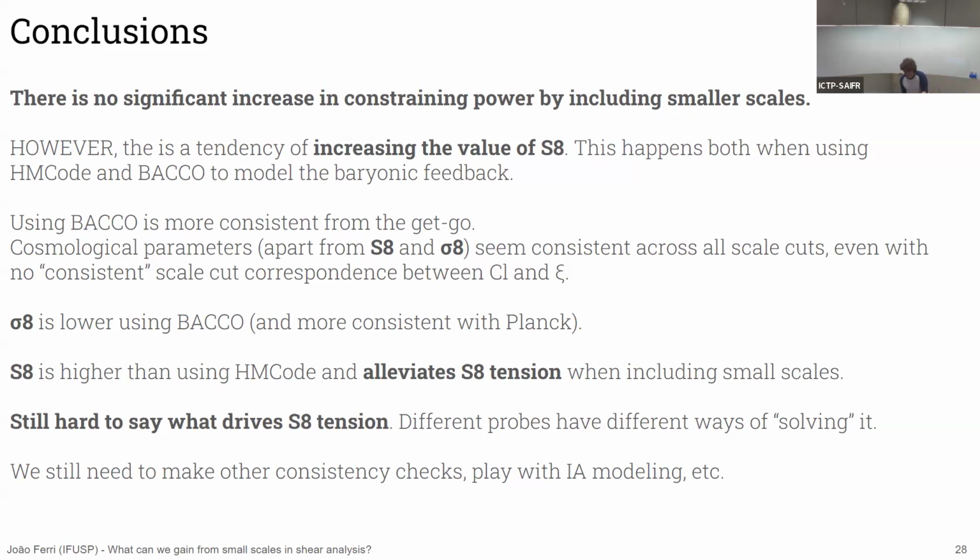It can be an inconsistency in the scale cut, or it can be an inconsistency in the theoretical model. But if it's consistent, then most probably the modeling is okay. So I think it was more like a conservative approach.